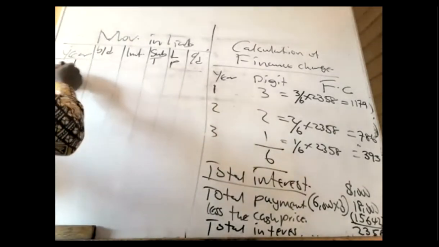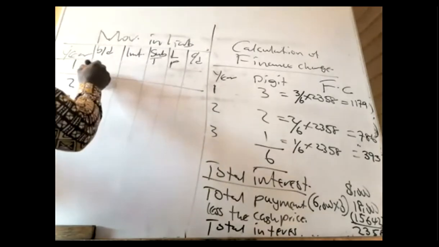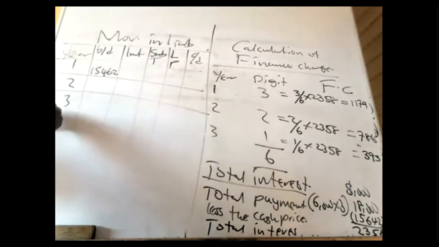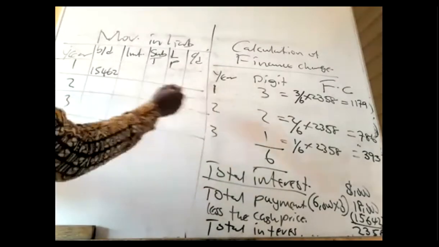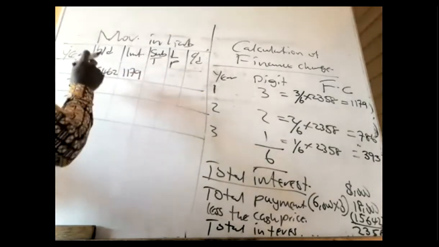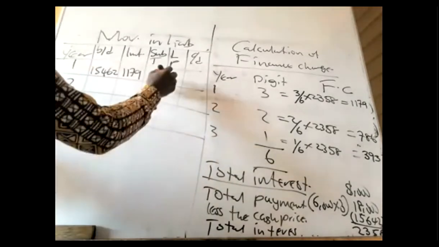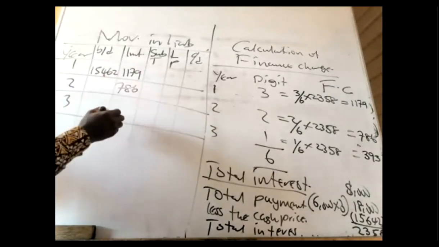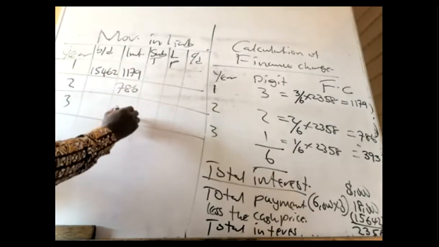Okay, so liability at the start will be 15,462. The interest, you can record the interest. Interest for year 1 is 1,179, for year 2 is 786, and 393.